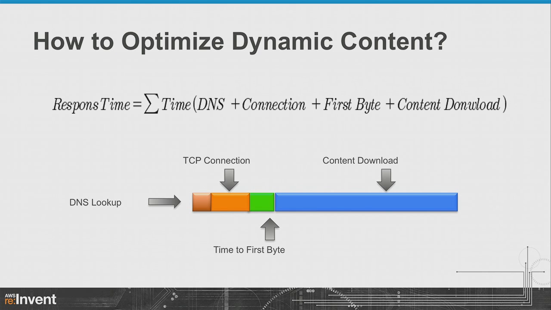So let me go back to the waterfall graph. If this is the waterfall graph, and this is index.jsp, it is composed of multiple components, right? DNS lookup time: how long it takes to do a DNS lookup to resolve to an IP. How long it takes to do a TCP connection to your web server. The time to first byte, and also content download time.